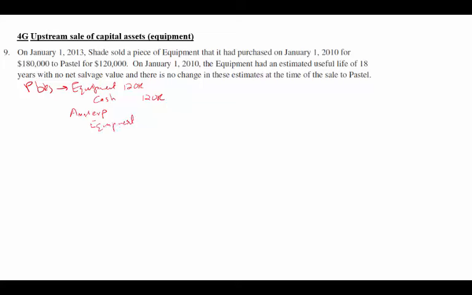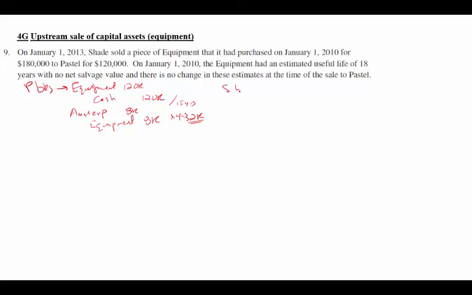Remembering there is no accumulated amortization on our financial statements, we're reporting net, and so any adjustments to accumulated amortization must go through equipment. Our amortization is based on the $120,000 over the remaining 15 years, so it's going to be $8,000 per year. Over 4 years, we've had $32,000 in total amortization taken by Parent to date.